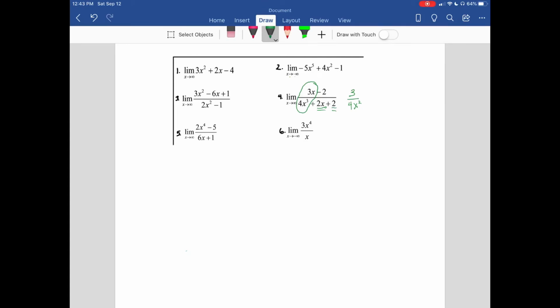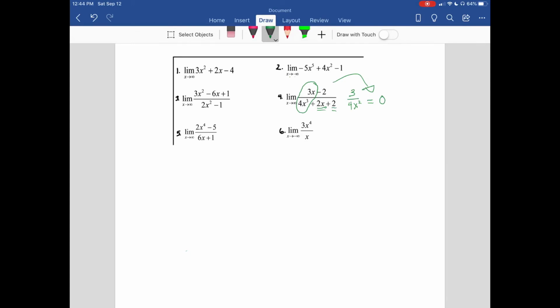And I know as your x approaches infinity, this is going to approach 0. I can also jump straight to the fact that I know it's bottom heavy, so this is going to happen. And that explanation is why. So I know that my limit as x approaches infinity for that is going to approach 0.